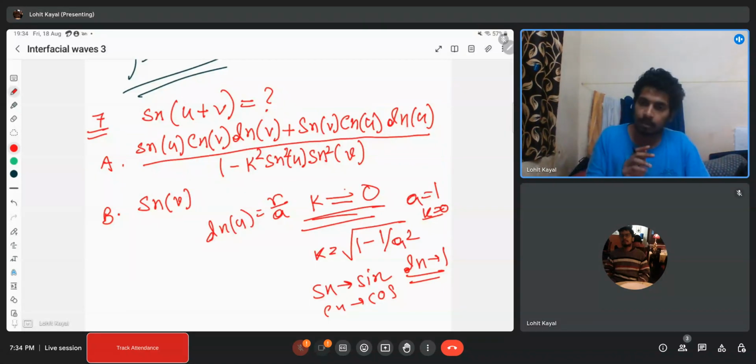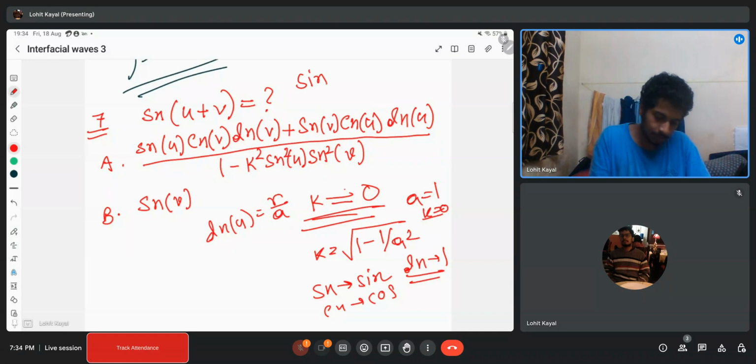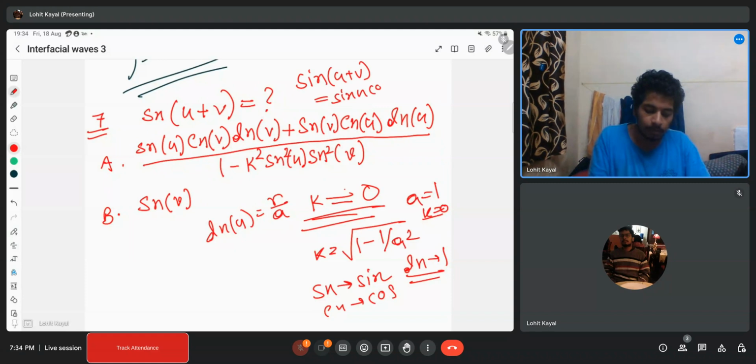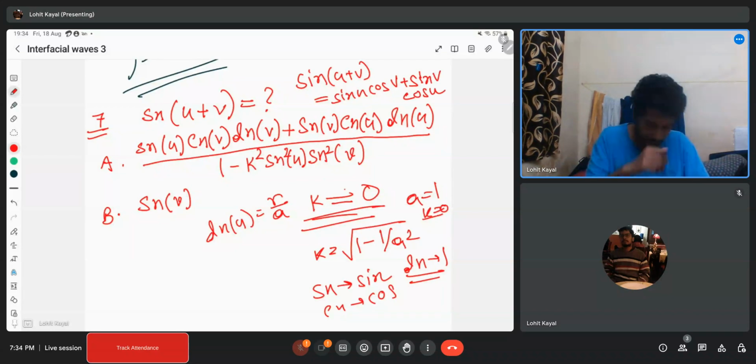Now in that limit, if you test your result, what is sine of u plus v? It is sine u cosine v plus sine v cosine u. You know this.